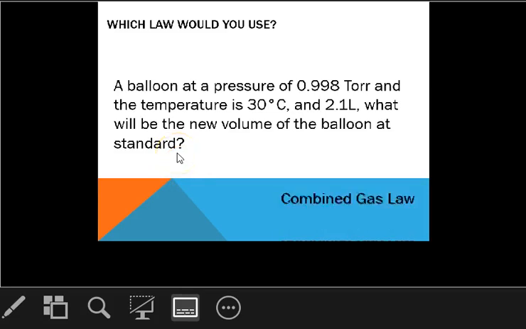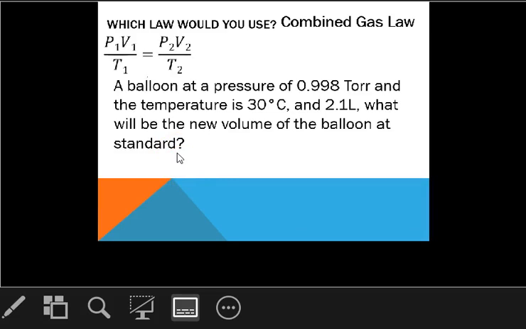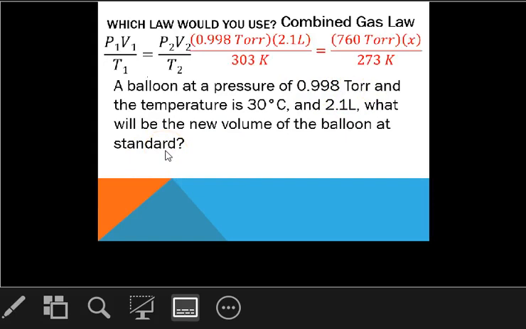So this is a combined gas law problem because they're asking you to convert to a new situation where the temperature and the pressure are changing. So the balloon starts out at 0.998 torr. You've got to know that it's in torr to know what the standard is in torr. The standard for temperature is always 273.